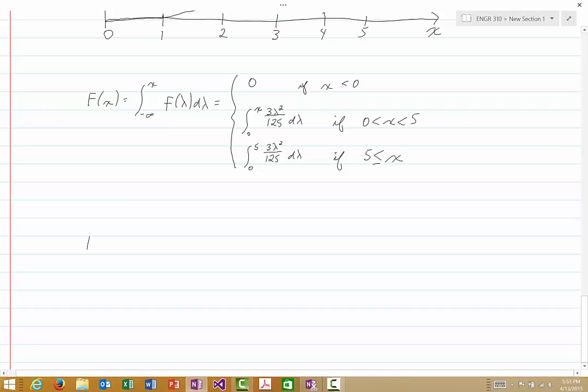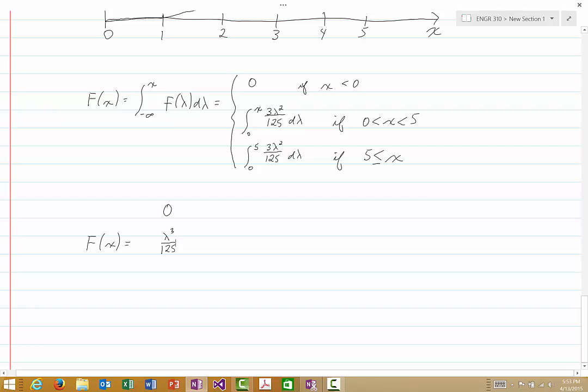And now if we evaluate this, for this part, when we integrate lambda squared, we're going to get lambda cubed over 3. So we get lambda cubed over 125, because the 3 will cancel this 3.